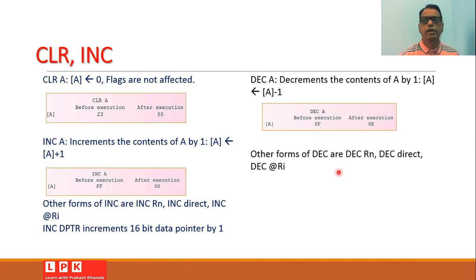Other forms of the decrement instructions are DEC Rn, DEC direct memory location, or DEC @Ri. That is, you can decrement the content of the register, the content of the memory location, or the content of the memory location that is pointed to by Ri.